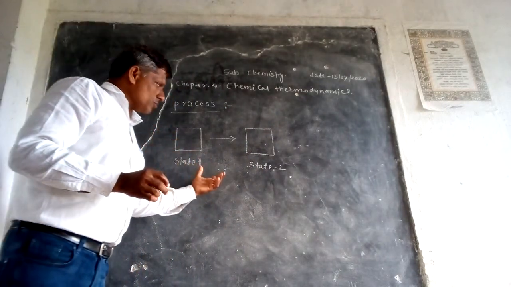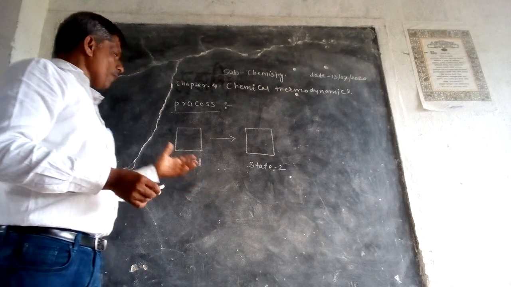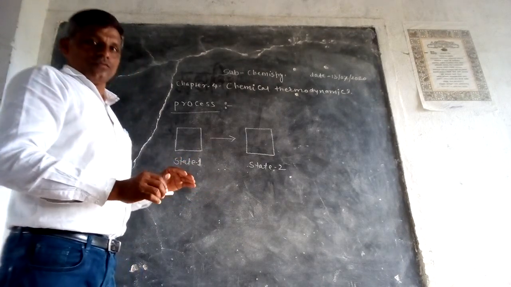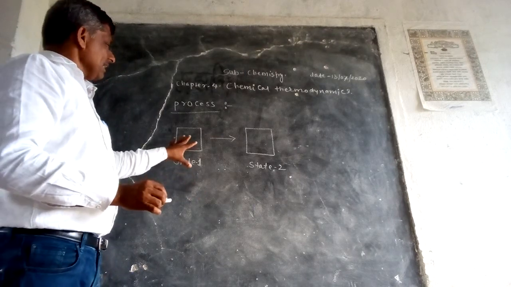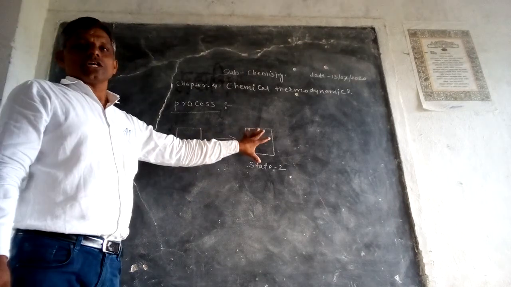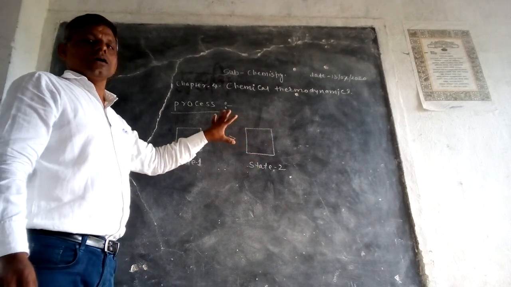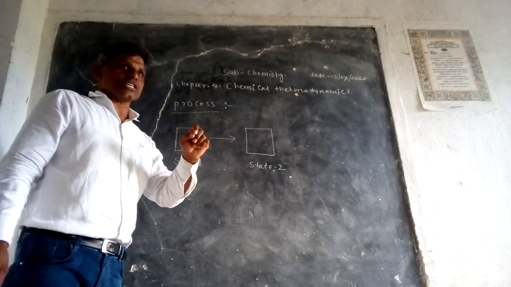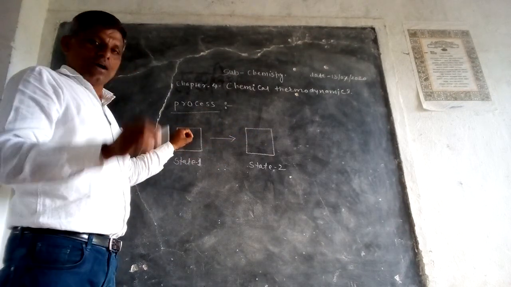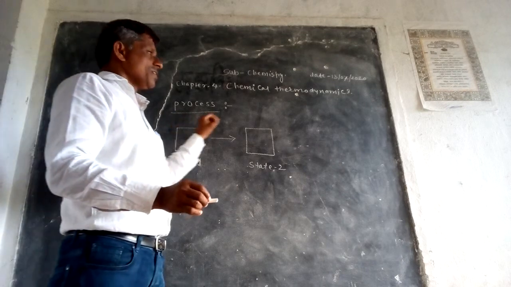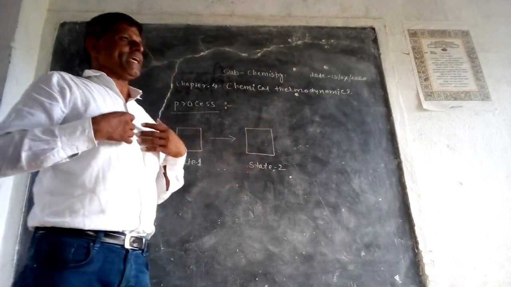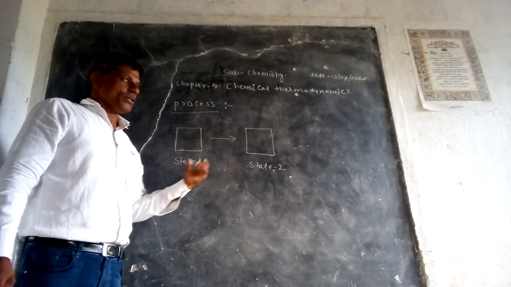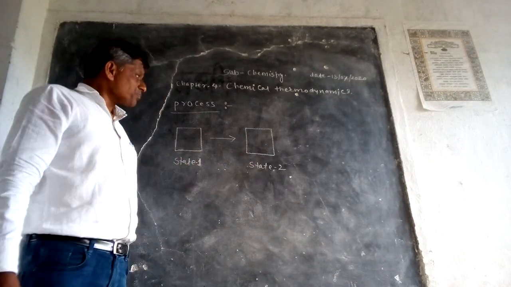In earlier videos, we learned that when we say the system has changed, the condition is that at least one of the thermodynamic parameters, in other words state functions, the value of one of the state functions should change, then and only then we can say that the system has changed from state 1 to state 2.